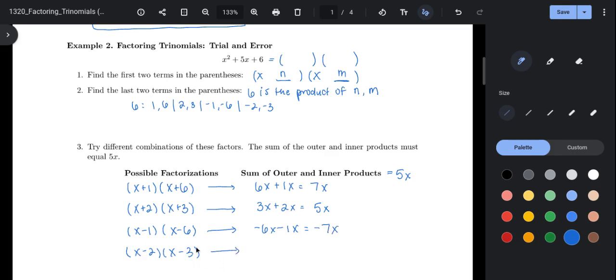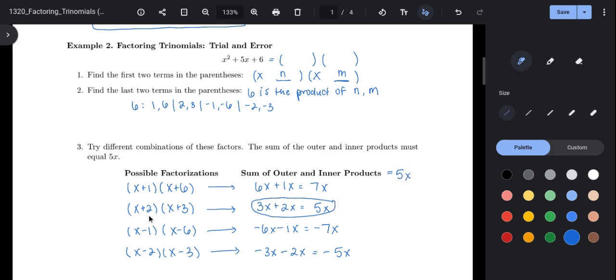And then x times -3, we get -3x. -2 times x, we get -2x. Adding these together, we get -5x.